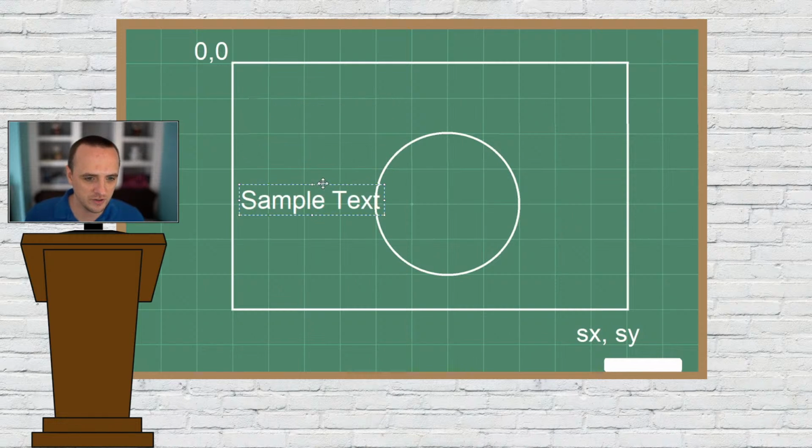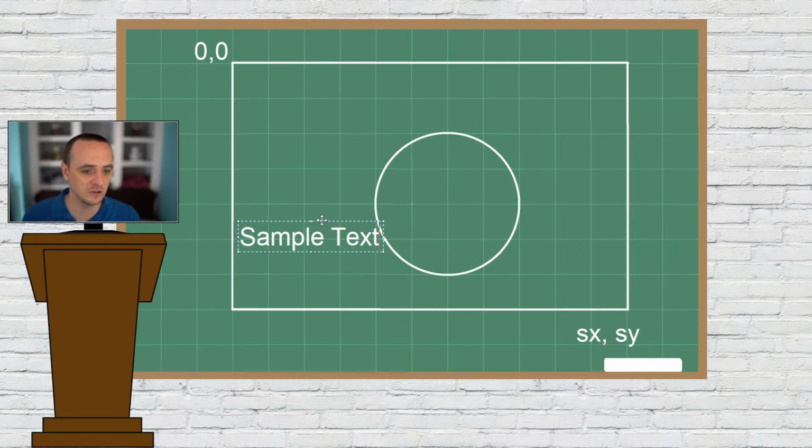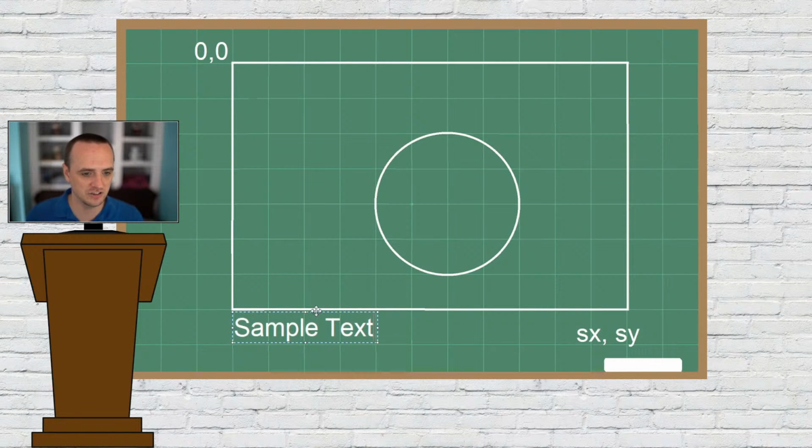So if I want to position my text, if I say draw the text at X location 0, Y location height, then it will actually be drawing the text right here because it's the top left of the corner that I'm specifying.